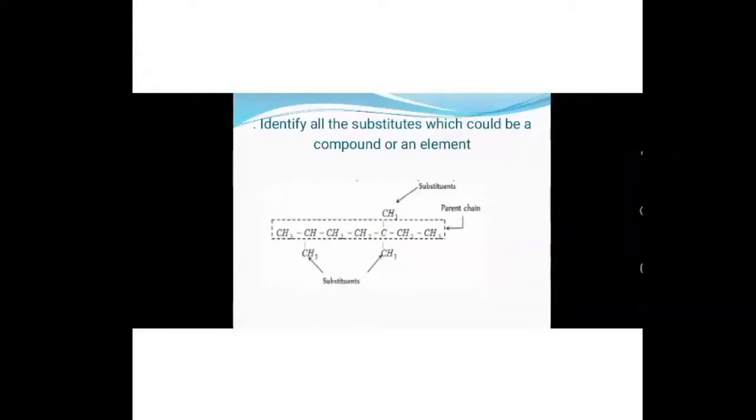You can see for yourself in this structure, the marked parent chain is straight, and the substituents are all outside the parent chain. Because they are all outside the parent chain, we consider them as substituents.